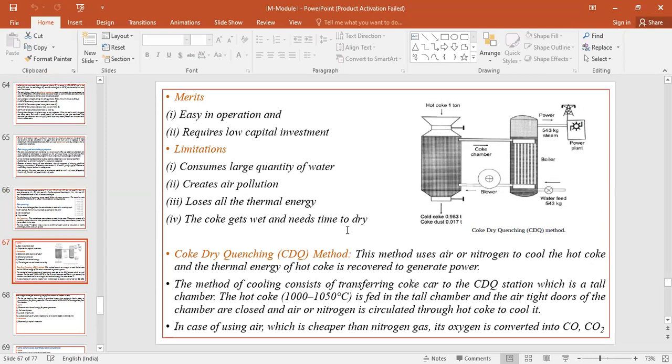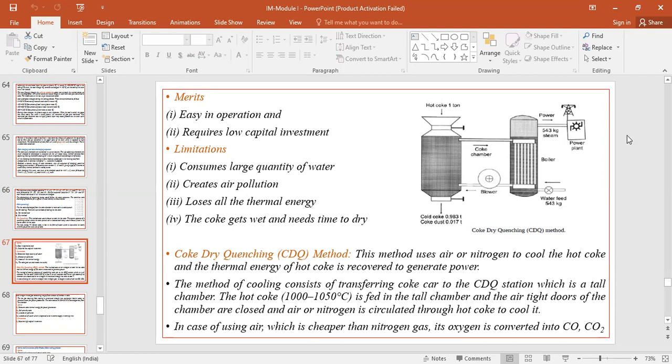So it cannot be readily used as a charge material in any other process, until it is completely converted into dry coke. The other method is the dry quenching method.